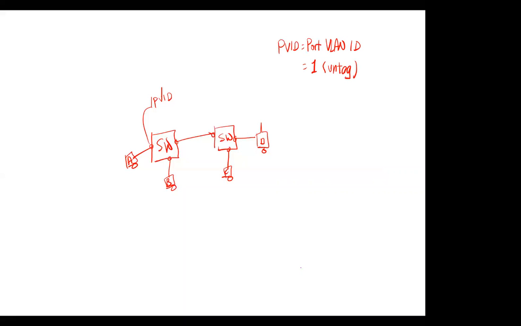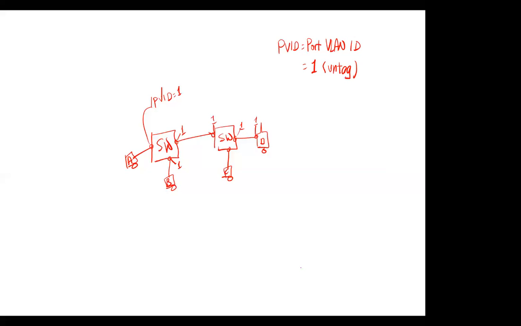That's why everybody belongs to the same VLAN, the same broadcast domain. When everybody's PVID is equal to 1, equal to 1, equal to 1, equal to 1, then they are able to communicate with each other. So they are joining the same broadcast domain.